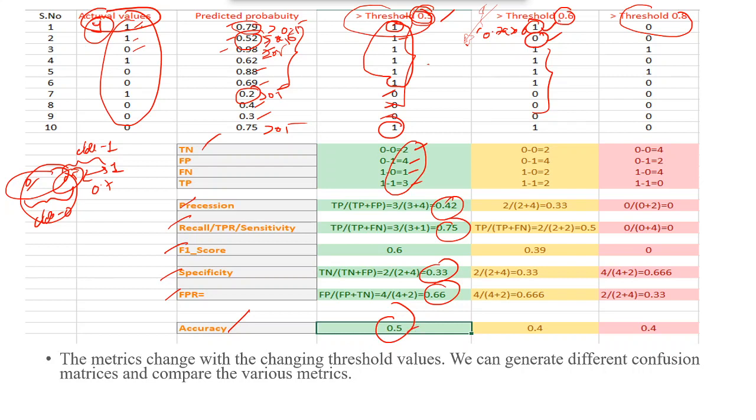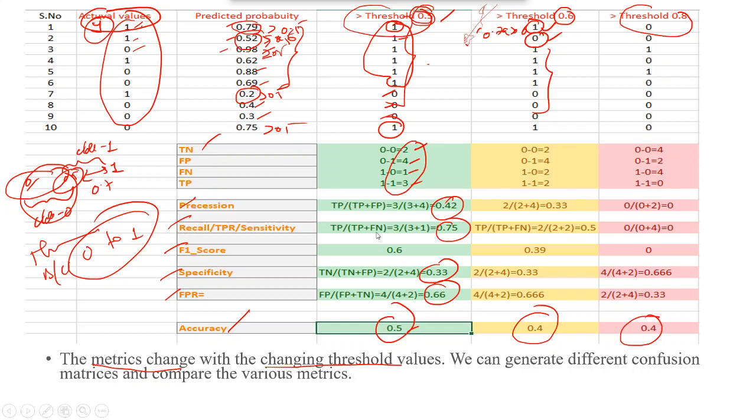Similarly, if you consider the threshold 0.6, these are the metrics, and this is the accuracy. When the threshold value is 0.8, this is the accuracy score. The threshold value may be between 0 and 1; you can choose any value depending upon the problem statement. So the metrics change with the changing threshold value.